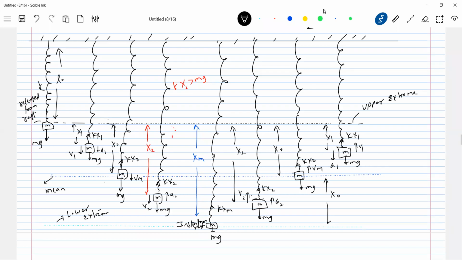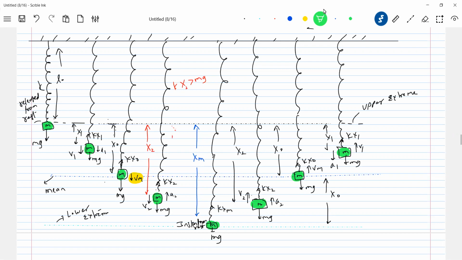It will be instantaneous rest. At the mean position, it will have maximum velocity. I am indicating maximum velocity. You have to really look at this particular thing, the position of the block. There are more than 100 numericals in the book; vertical spring block questions come, so you must have this.